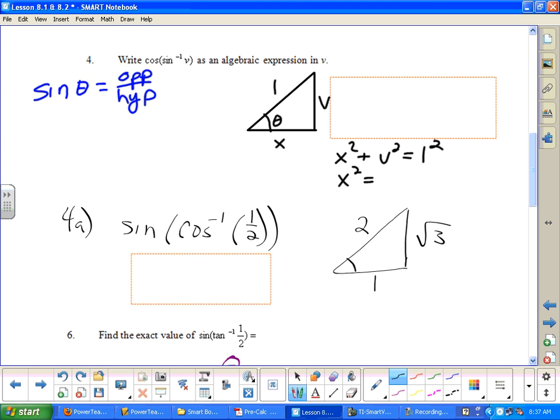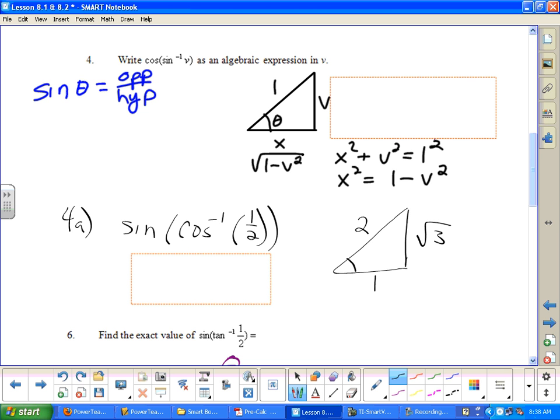So x squared is equal to 1 minus v squared, right? So what does x equal then? The square root of 1 minus v squared.